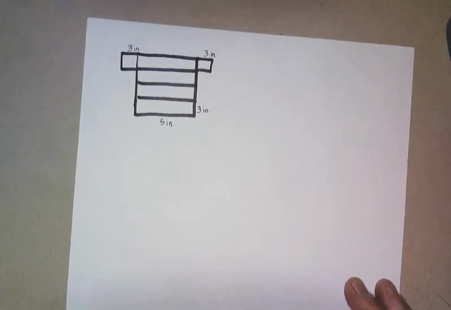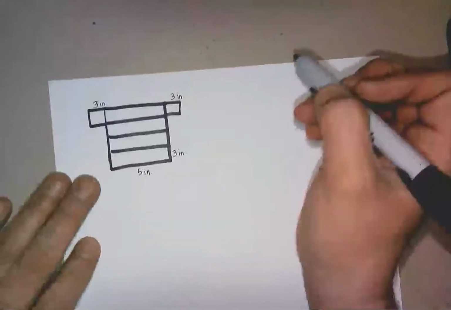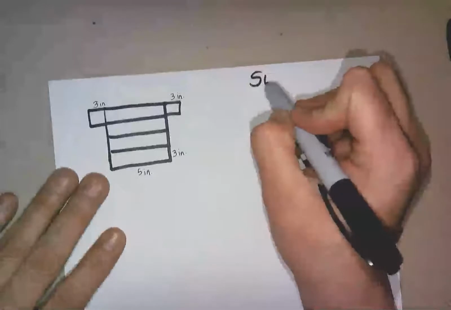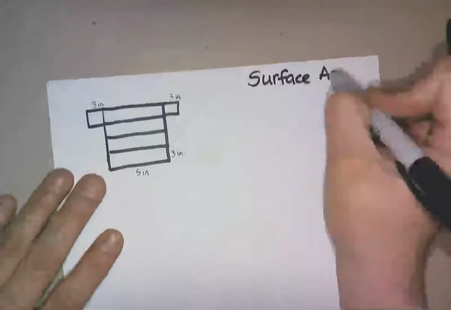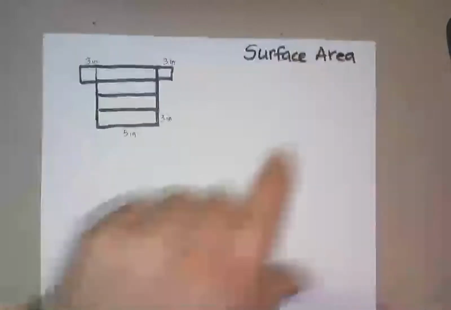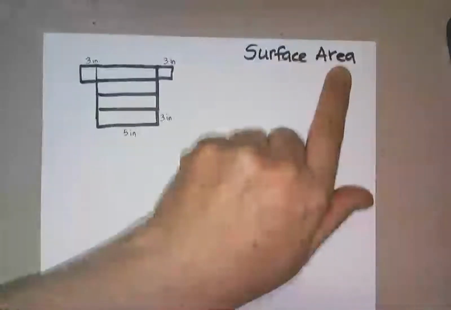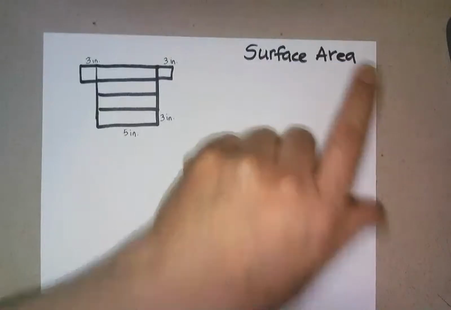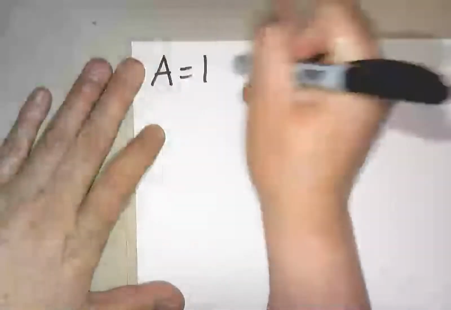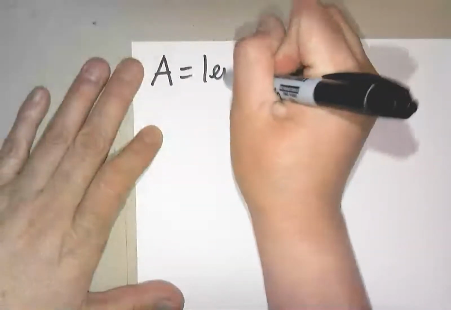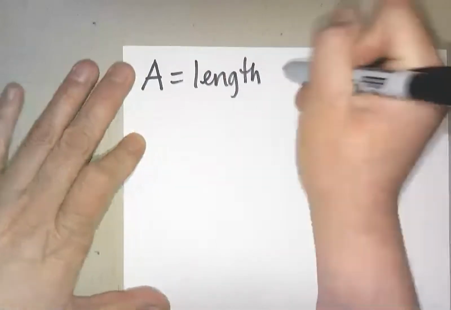So how do we do that? Let me write surface area over here. We learned about area. We learned that the area of a rectangle or a square is length times width.